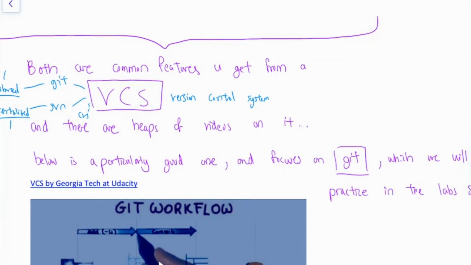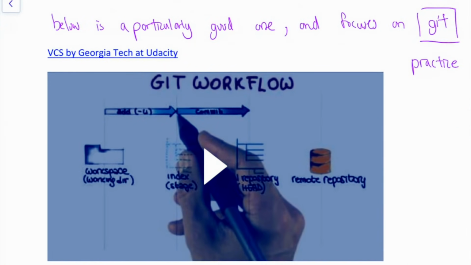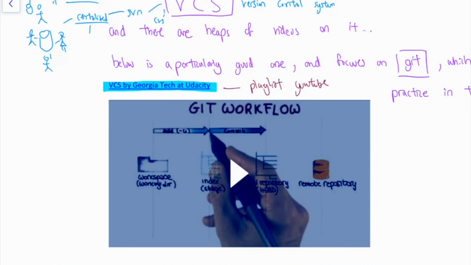Below is a particularly good series of videos. Note that this is a playlist of YouTube videos made by people from Georgia Tech. It was originally distributed through Udacity, the MOOC platform, and you should take a look at them so that you can get familiar with what Git is.